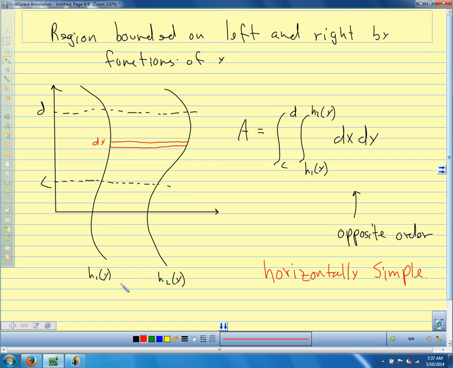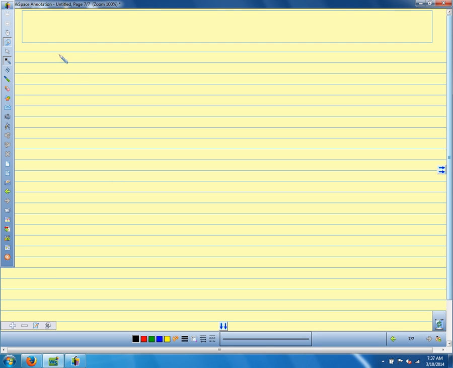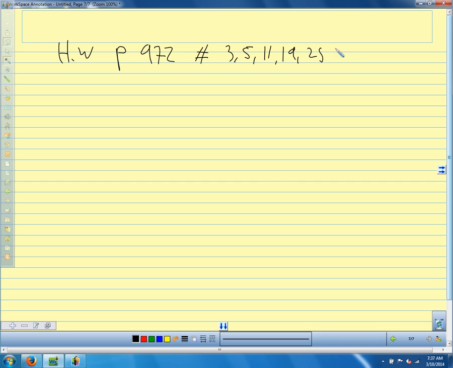For today, I just wanted to introduce the idea and get to the concept of evaluating them inside out, and you'll be able to practice a little bit with evaluating these iterated integrals. All right, there we go.